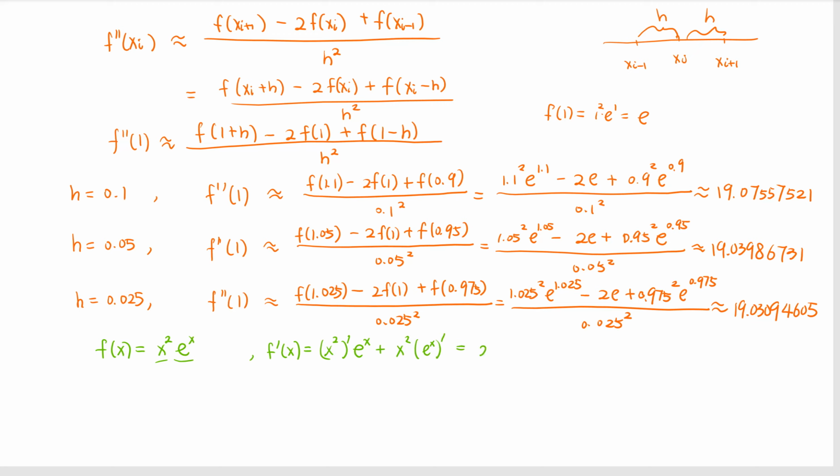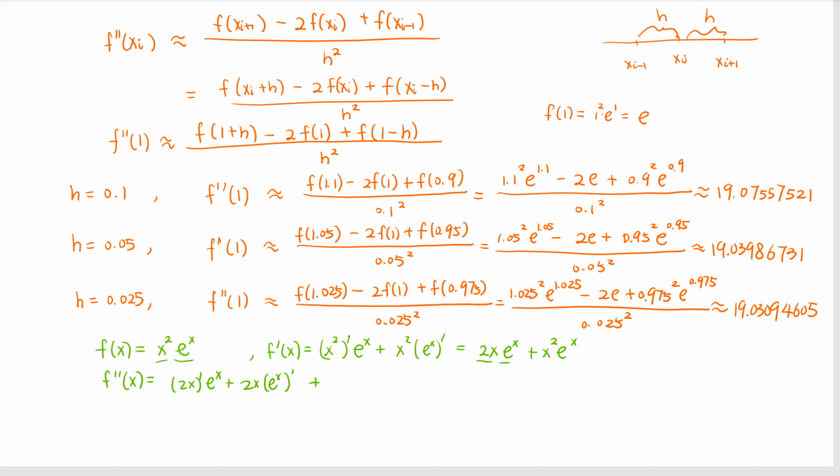X squared derivative is 2x and e to the x. X squared e to the x derivative is e to the x. And then for the second derivative, product rule. So 2x prime e to the x plus 2x e to the x prime. But the second term, we also need to use the product rule.